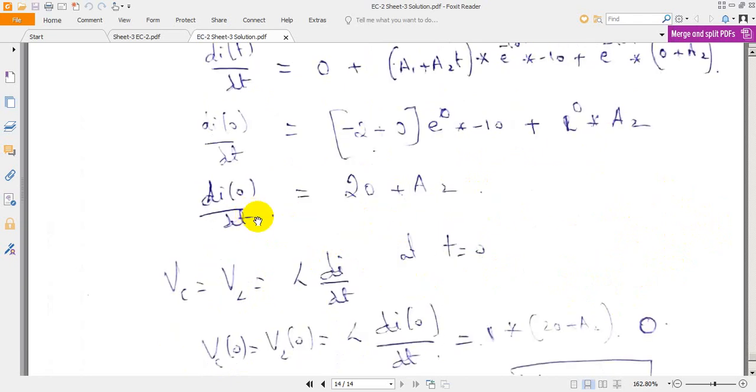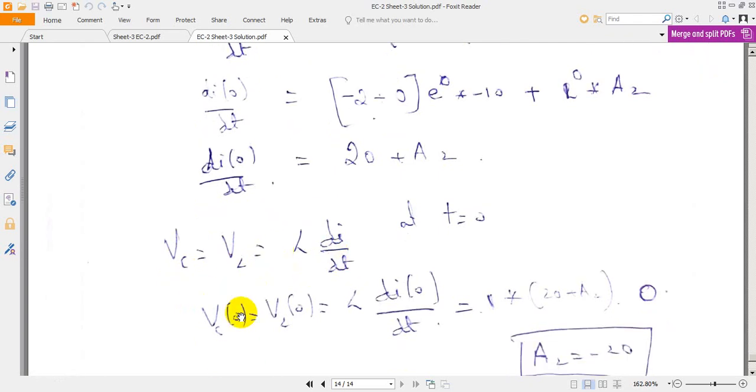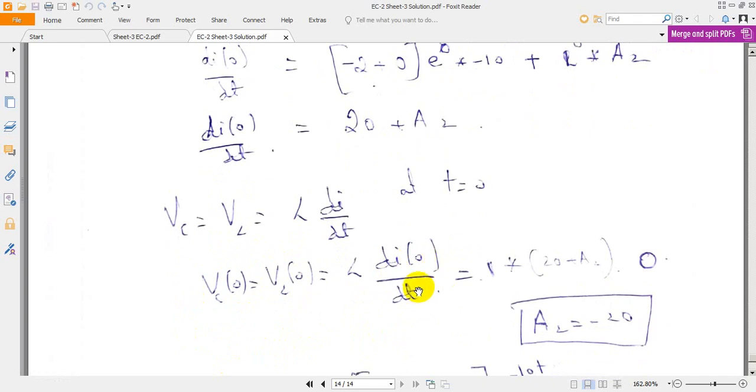Now we got this equation, and also we know voltage across the capacitance and voltage across the inductance are the same. Why? Because they are in a parallel circuit. Voltage across the inductance is given by L di by dt.